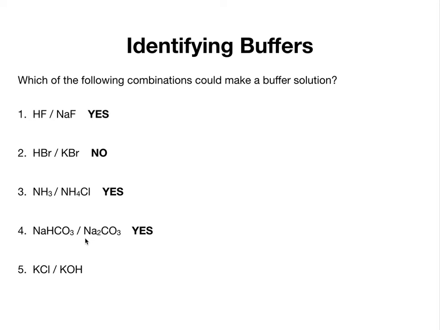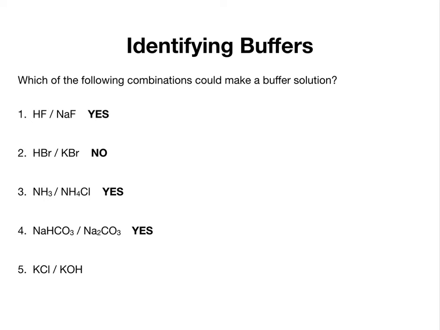When we put this in water, it's going to split apart into sodium ions and carbonate ions. Do we have a weak acid? The bicarbonate ion has a hydrogen that it can donate. So the bicarbonate ion is an acid. It's a weak acid. So we have a weak acid and its conjugate base. So yes, this combination would make a buffer solution.